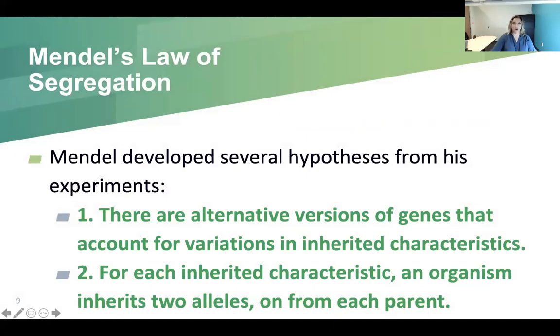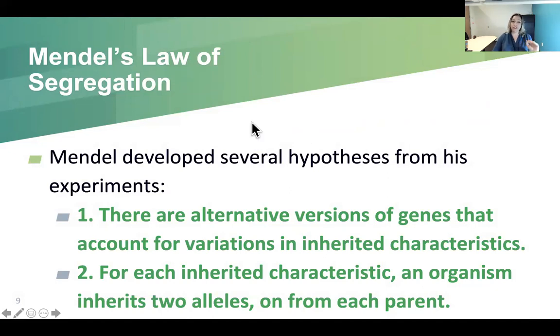So now we're going to look at the principles that Mendel put together based on his work. And the first one is called the law of segregation. It involves 4 statements. I'm going to read these and then I will write kind of like a simplified form that's a little more direct.